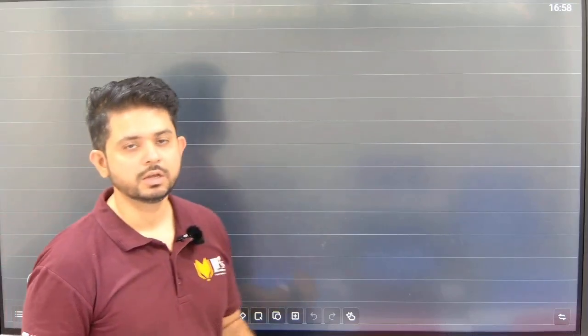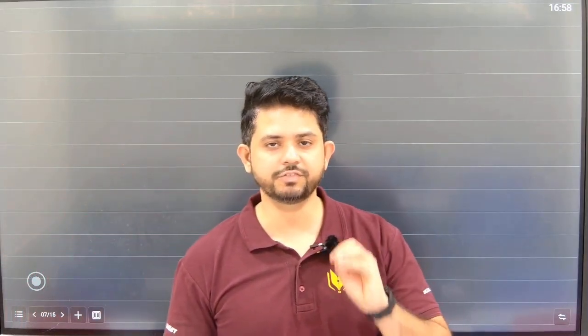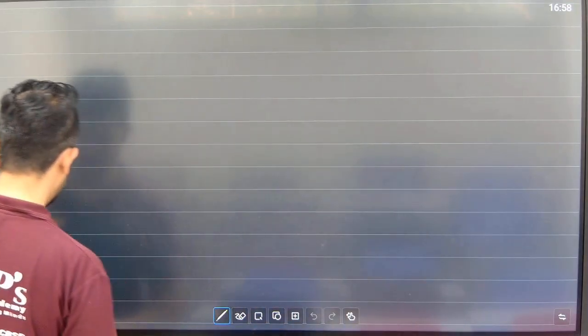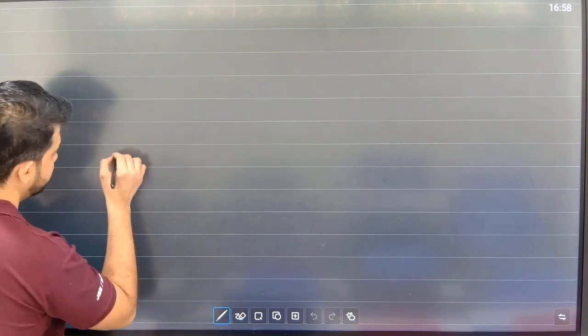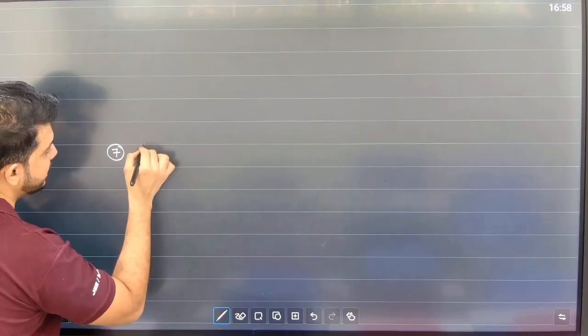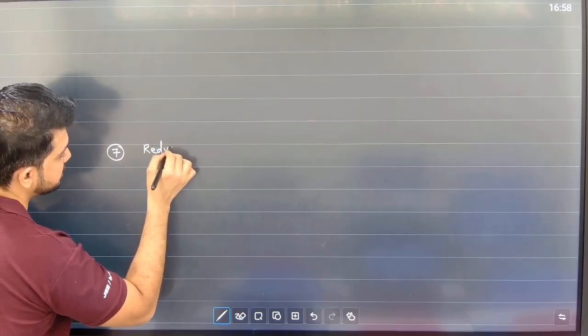This was Kolbe's electrolysis. Now let's move ahead, students, to the next reaction. Again, a very, very important reaction. I think reaction number 7, which is reduction of carboxylic acid.